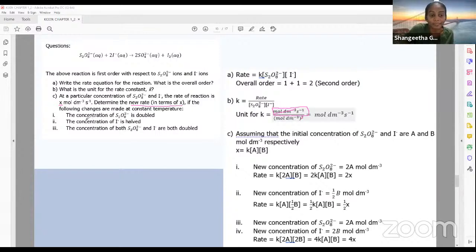First, they want to increase the concentration of S2O8 2- to be double.